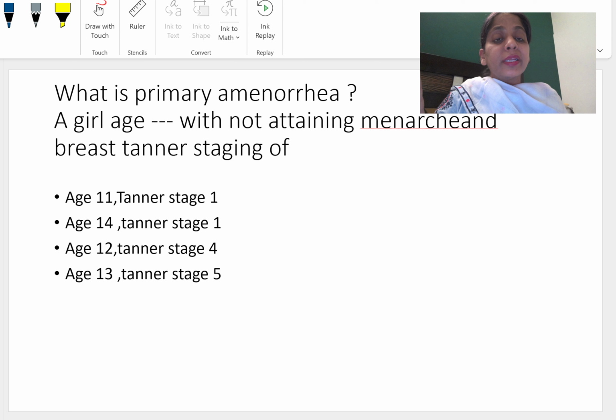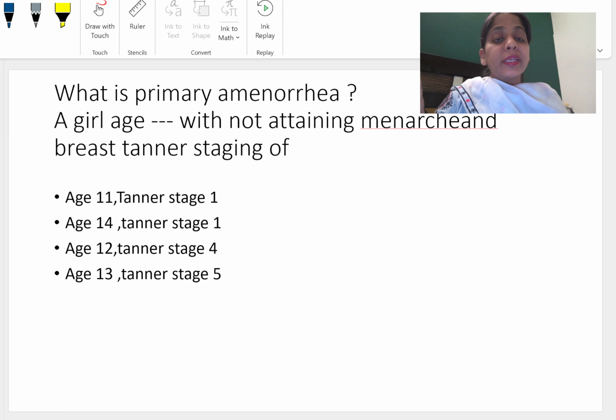Now here they are telling that a girl of age so and so came. These four girls came, and they have not attained menarche, and they have given their breast Tanner staging. So whom are you going to diagnose with primary amenorrhea? What is the definition of primary amenorrhea? Now you all know this: if menarche is not achieved at age 13 with absence of secondary sexual characteristics, we will say primary amenorrhea.